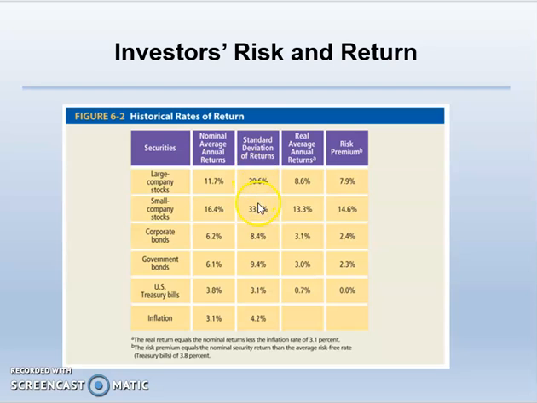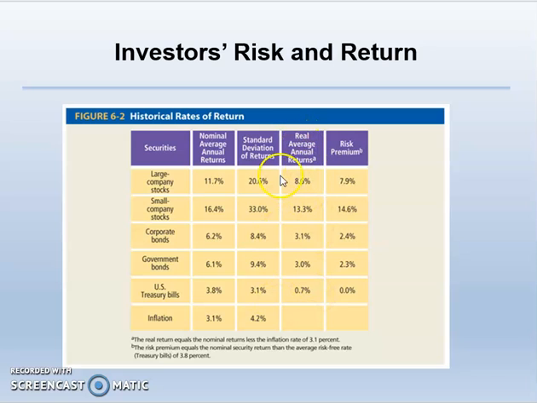So they have a higher risk, but notice they have a higher annual return too. And as the risk goes down, so do the returns. This looks a little bit like an anomaly for bonds versus government bonds. Risk went up a little with government bonds relative to corporate bonds.